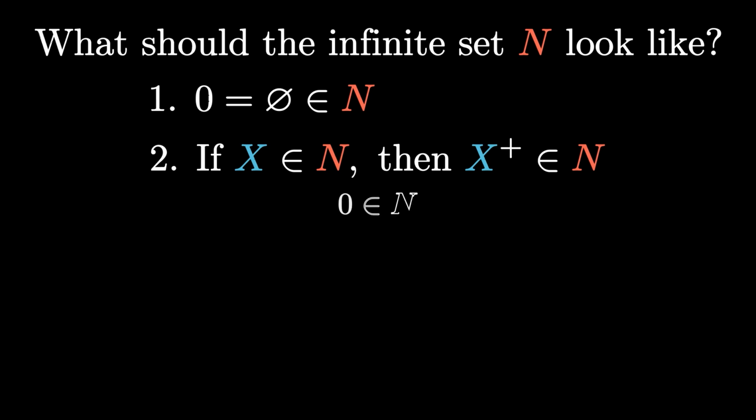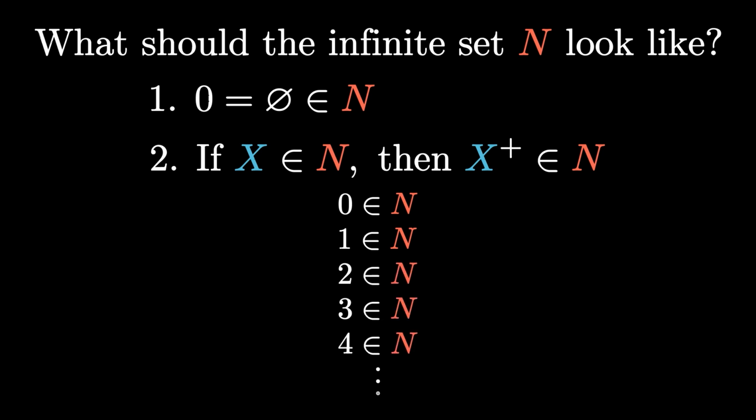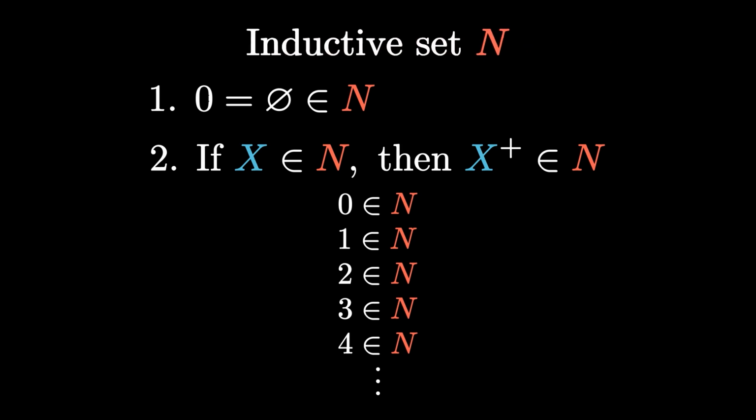I mean, 0 is in this set, but that means the successor of 0, 1, is in this set. Then the successor of 1, 2, is in this set, then 3 and 4, and so on. By just these two rules, we have a set that contains at least what should be all of the natural numbers. Let's call any set that follows these two rules an inductive set.